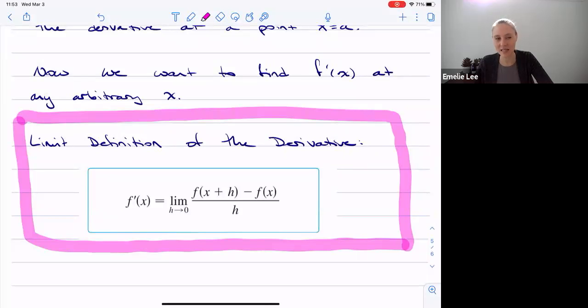Like I said, later on we'll have shortcuts for calculating derivatives, so we won't need the limit definition anymore. You might be tempted to skip it when it asks you to use it, but just remember that there will be a question on the next test and on the final exam where you have to use the limit definition of the derivative. In fact, there's one on the quiz as well this week.